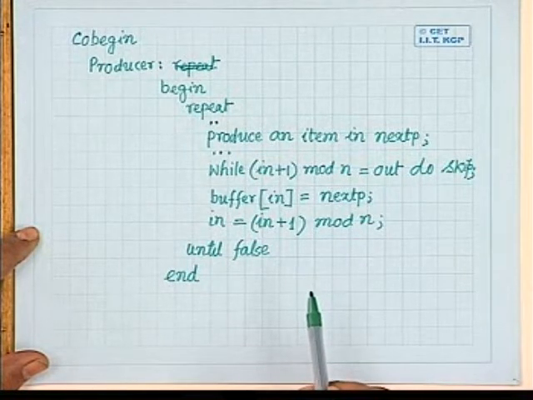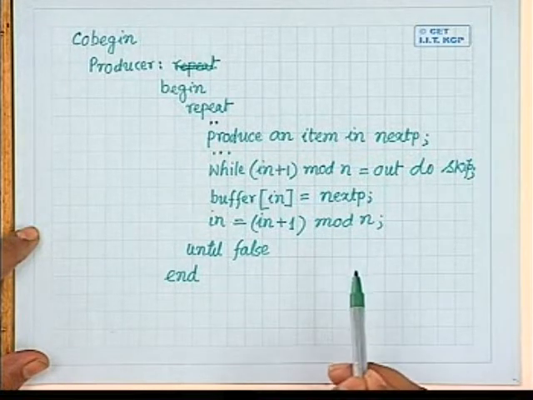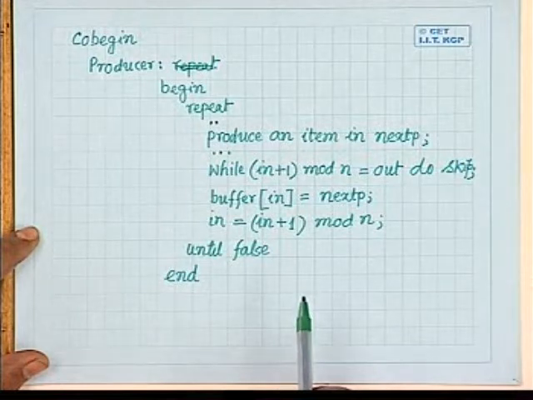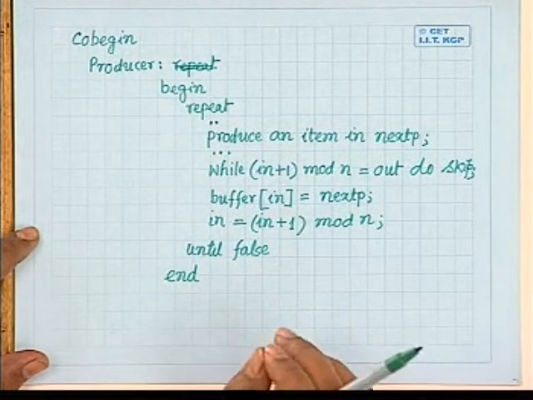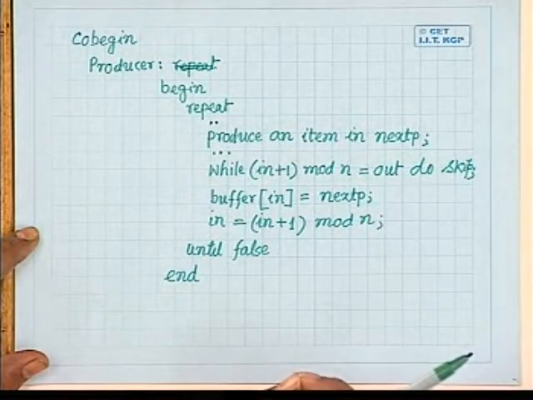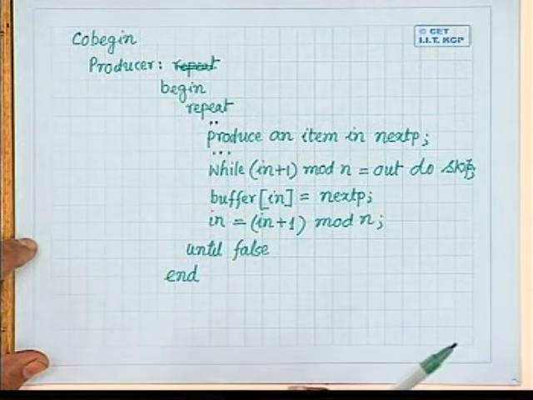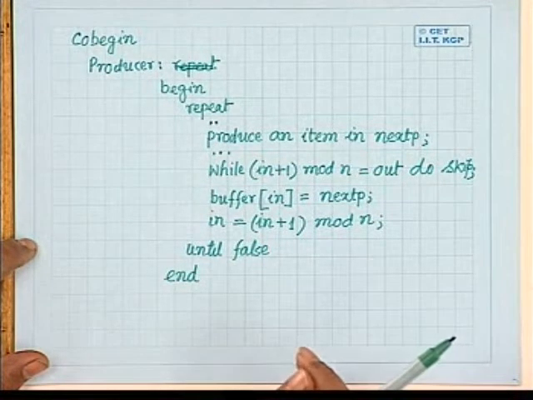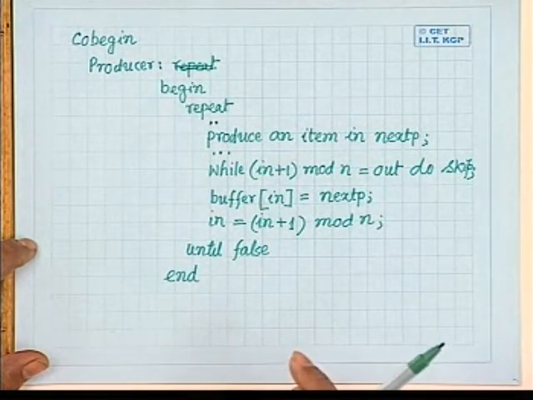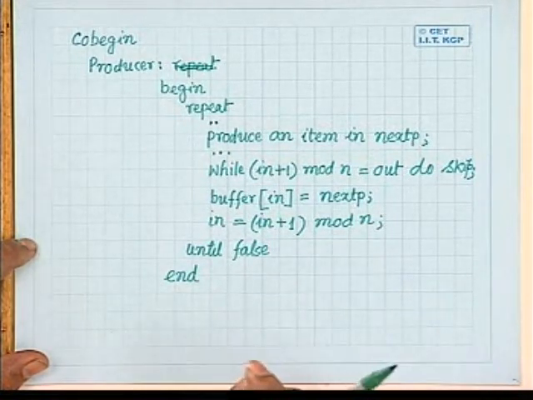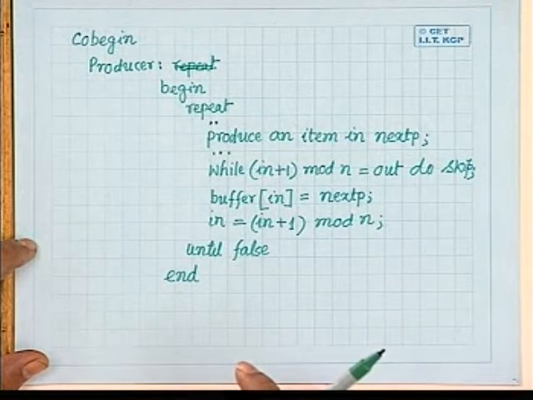The responsibility of the producer will be to increment the count whenever it puts an item into the buffer, and the counter will be decremented by the consumer whenever it consumes an item from the buffer. The counter is initially 0. At any instant, the value of the counter will indicate how many items are present in the buffer at that particular instant of time.